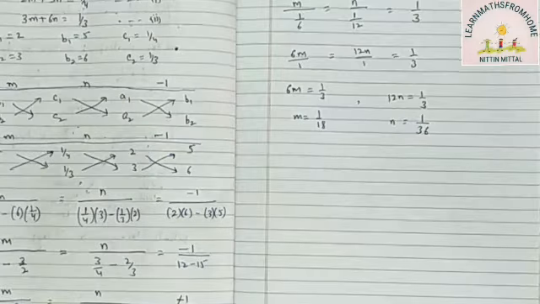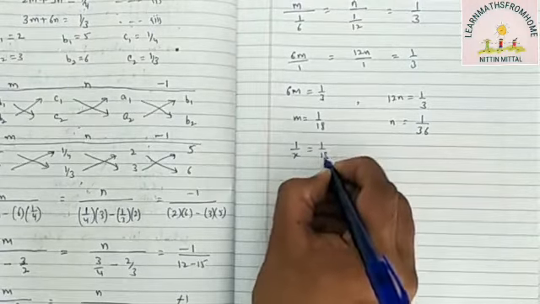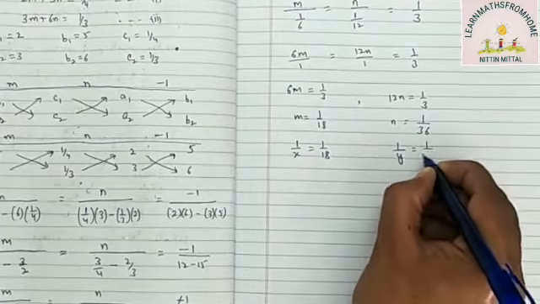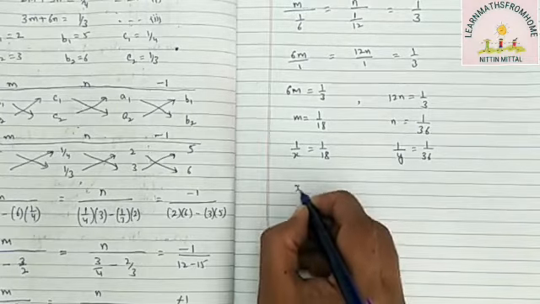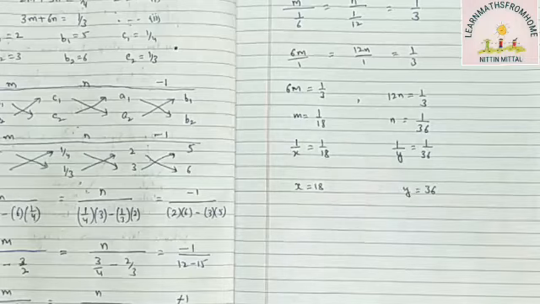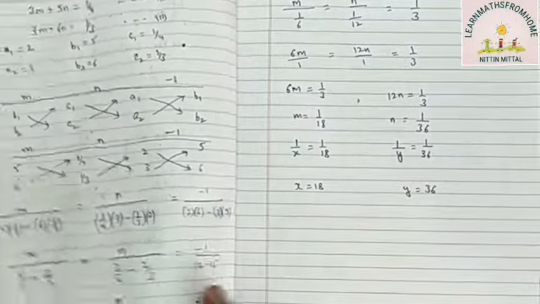But our main variables, as you know, were not m and n, but x and y. So m was representing 1 by x and n was representing 1 by y. So x will be equal to 18 and y will be equal to 36. So x was the variable for woman.